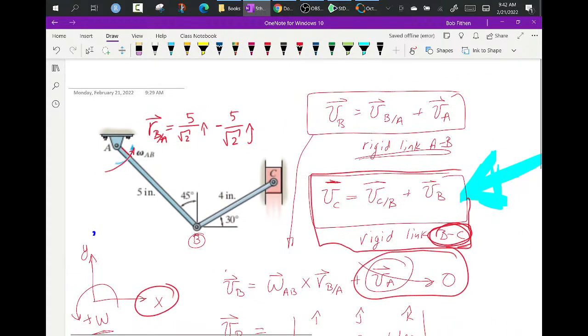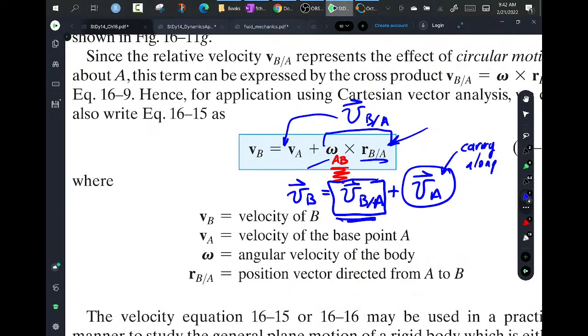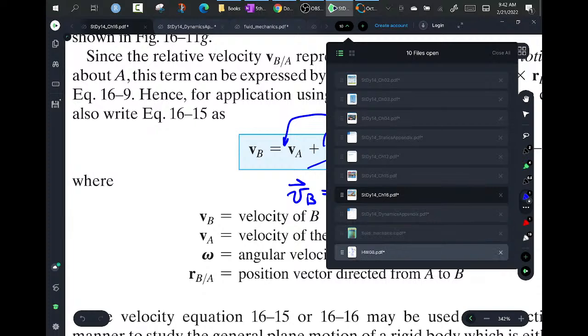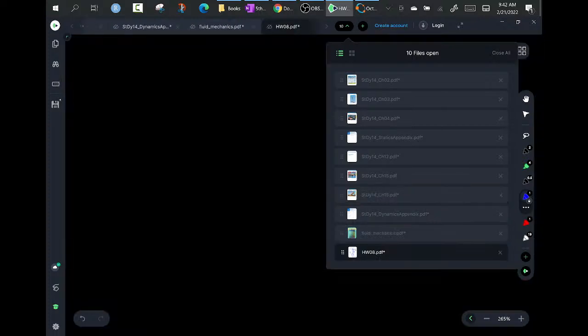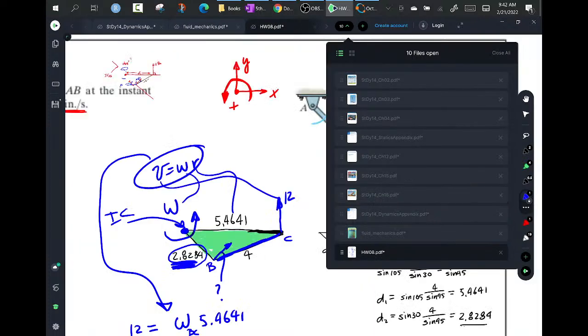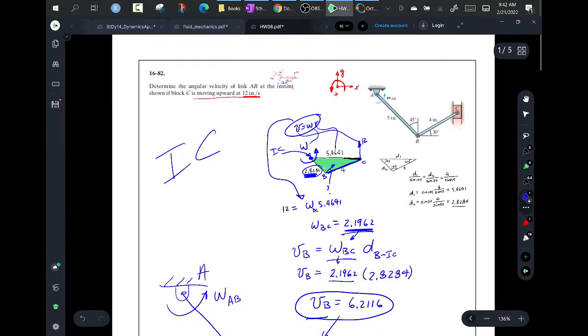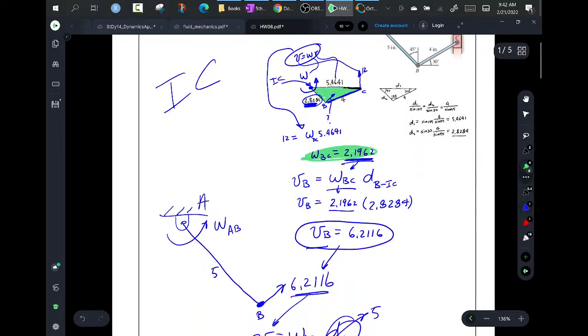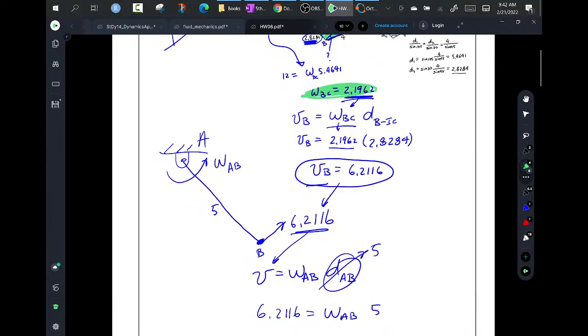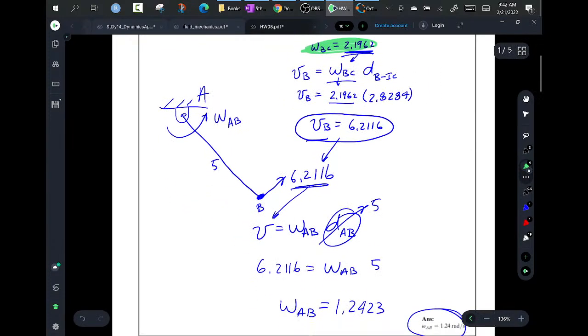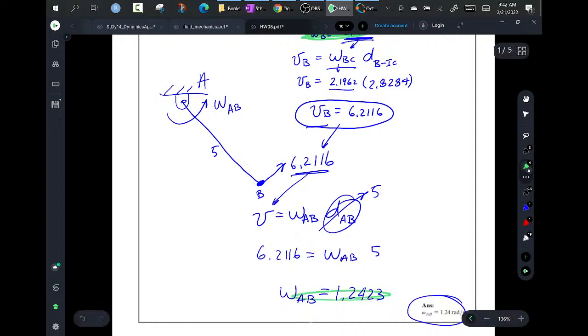And from our previous thing, they weren't equal, if I remember right. One was this, and then the other one was this.